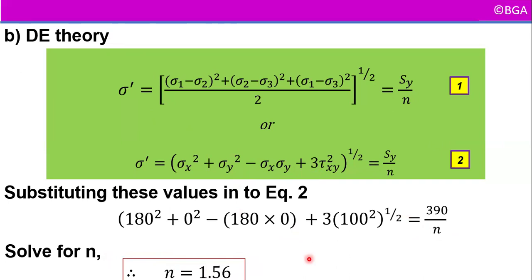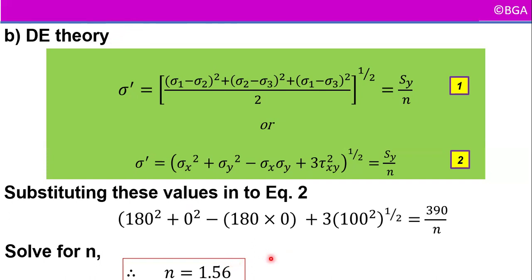Now let's make a summary here. The factor of safety that you calculate using MSS theory is always less than the factor of safety that you calculate using the DE theory. That's why we always say MSS theory is more restrictive or more conservative than the DE theory.